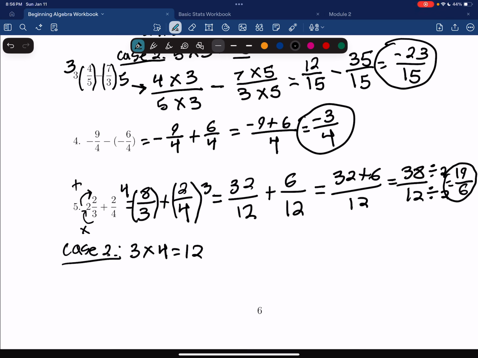Now that's our final answer because 19 is what is called a prime number. So recall a prime number is anything that can only be divisible by itself. So in this case, 19 is only divisible by 19 and 1. So because of that, this fraction is simplified.